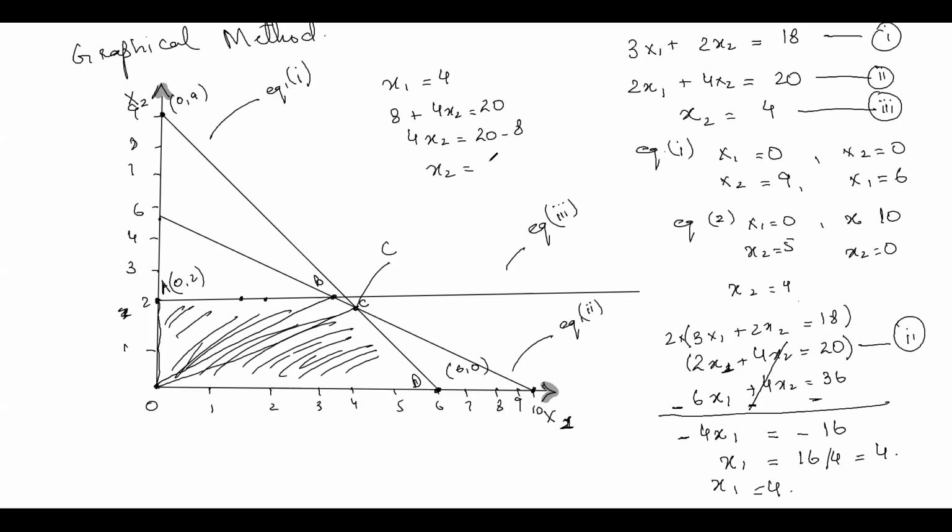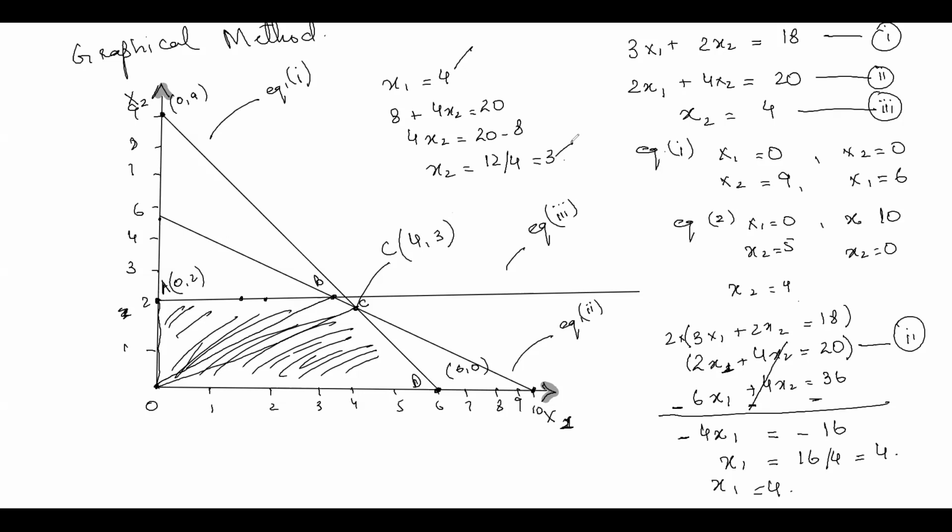X2 equals 12 over 4, which means 3. So this point is 4 and 3. And this is the optimal solution. This is the best solution. These are the number of necklaces and bracelets which we can make to get the maximum profit.